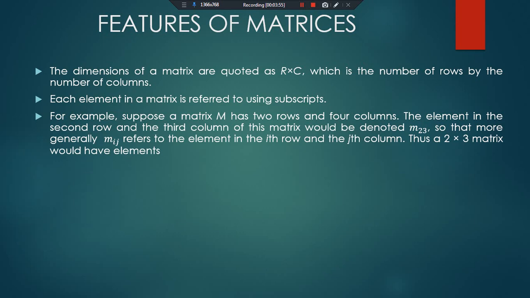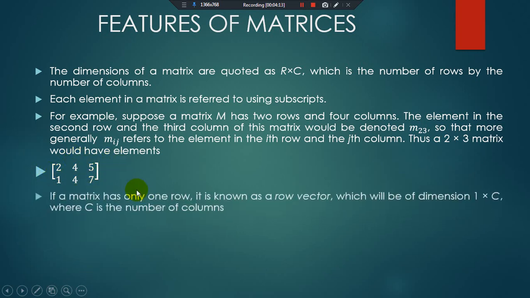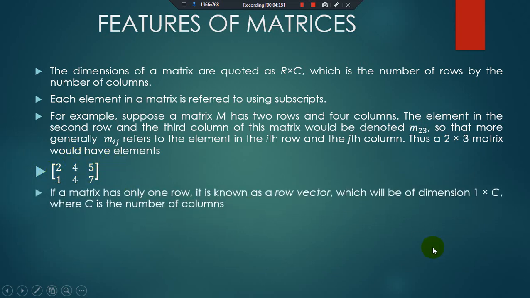Thus, if you have a 2 cross 3 matrix, here you have 2 rows with 3 columns. If a matrix has only one row, it is known as a row vector, which will have dimension 1 cross C, where C is the number of columns.